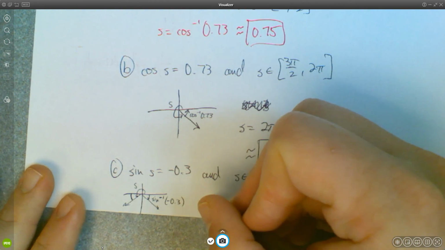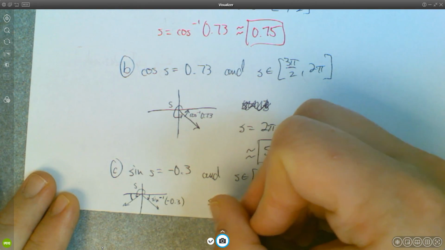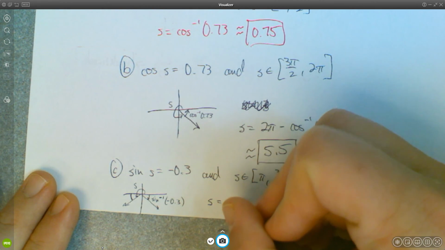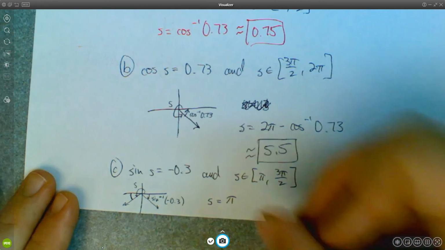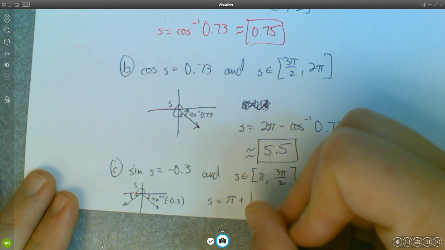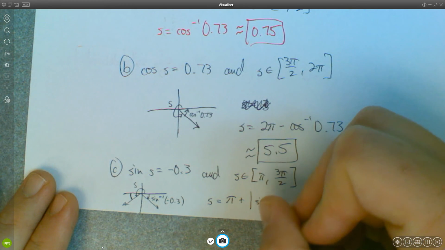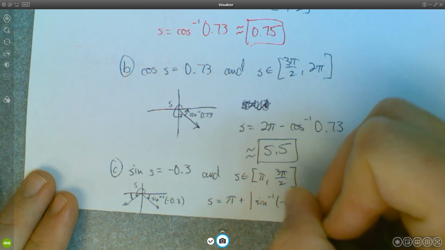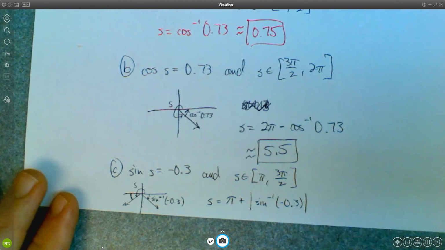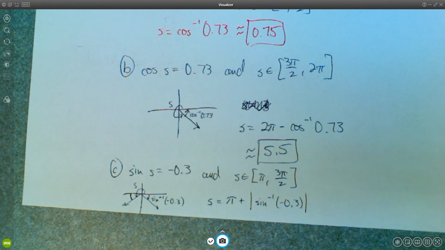So here's how I'm going to write it down. I'm going to say S is going to be pi radians, that's 180 degrees, plus the absolute value of sine inverse of negative 0.3. Okay, so that's really what it's going to be. So let's see what we get.